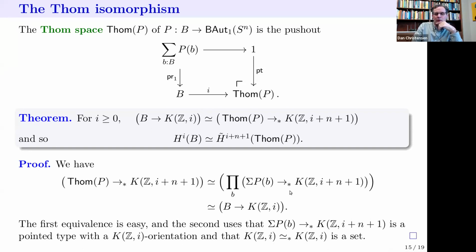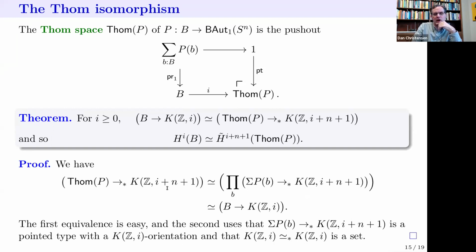But if I'm looking at pointed maps out of these suspensions where I point this at the north pole, then that automatically handles that. All of these pointed maps, one for each B, all must send the north pole to the same point here. So that pointedness automatically takes into account that to get the Thom space, I should be also identifying all the north poles here.